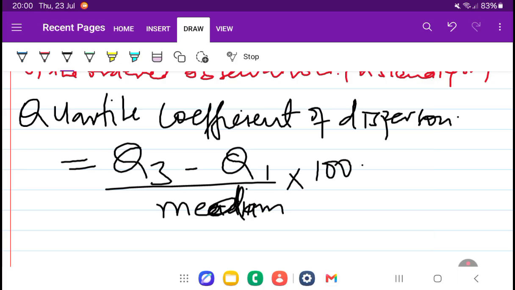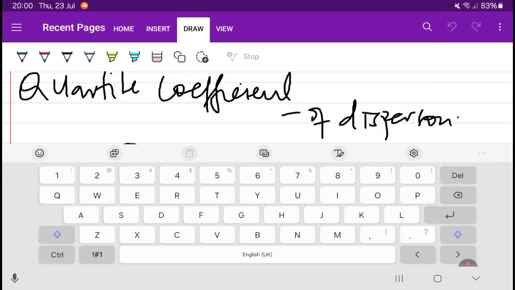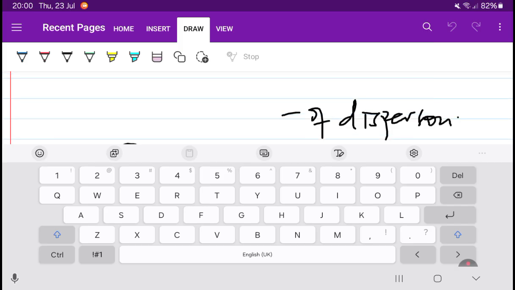It's a percentage. So with that in mind, I want us to look at a simulation and see what we can do.